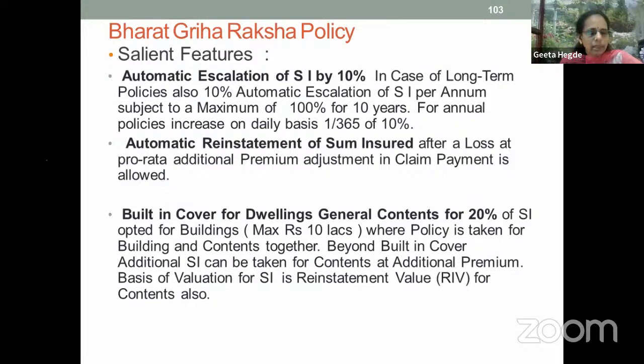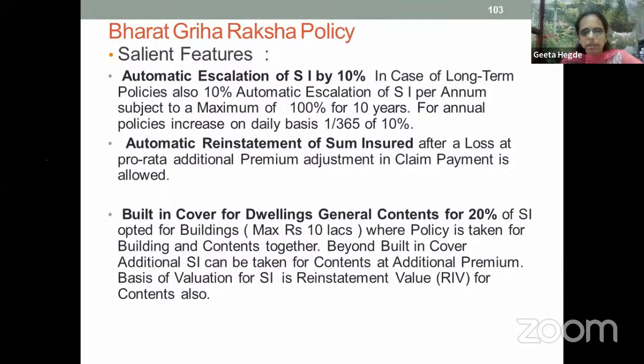But reinstatement is something entirely different. Reinstatement is the cost of the property today, which was purchased maybe at a lower price. If you take an example of machinery, reinstatement value is the replacement cost of the machinery.